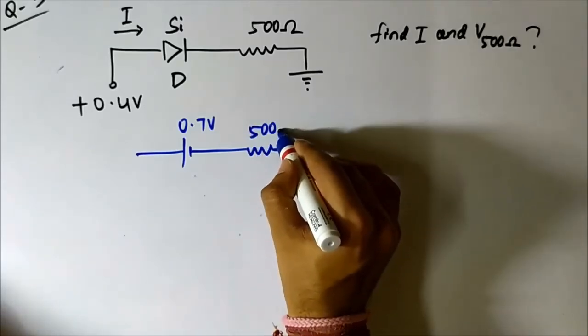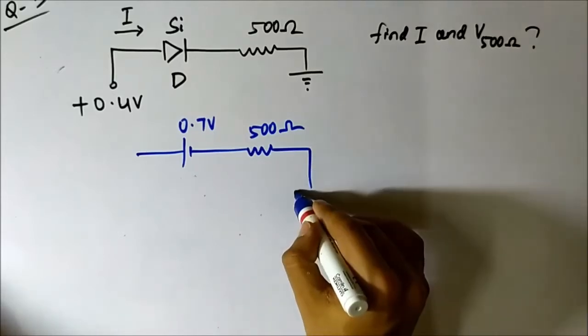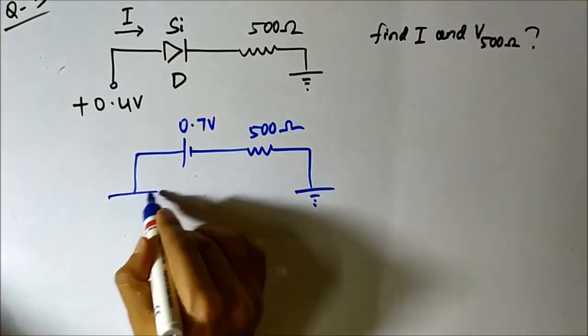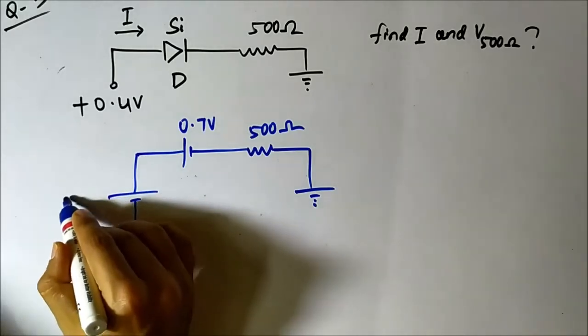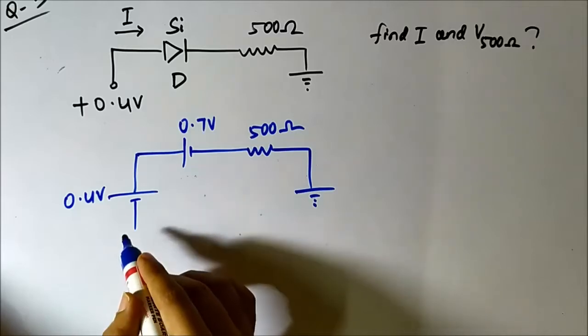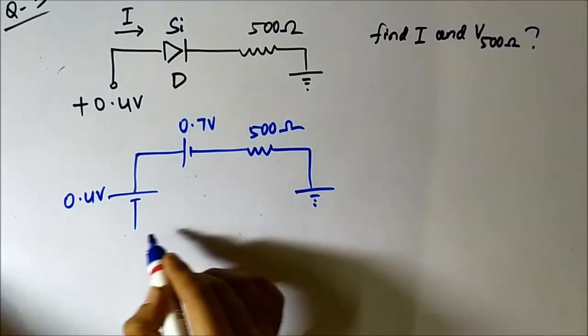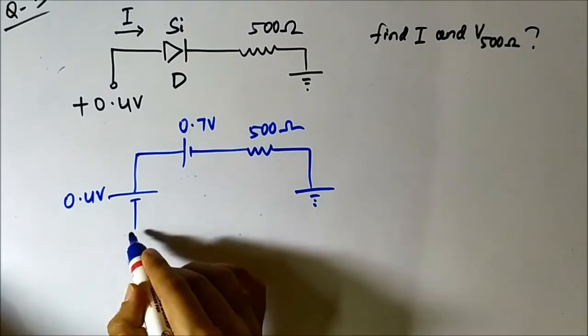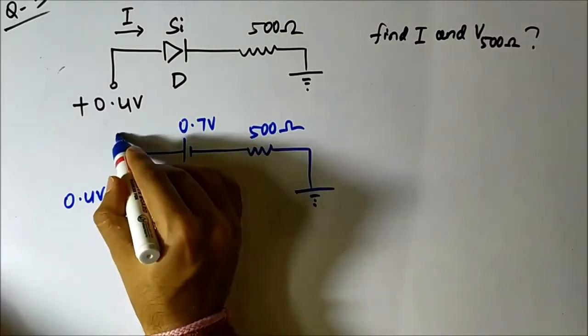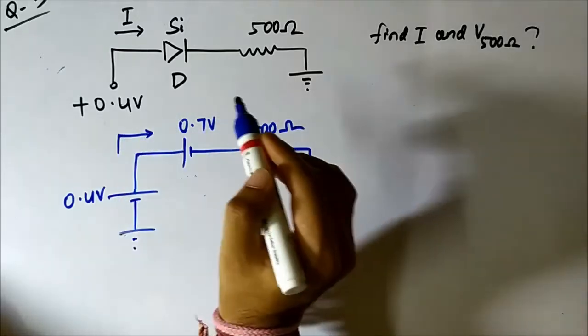This is 500 ohm, this is ground, this is 0.4 volt. Now we have to find this current.